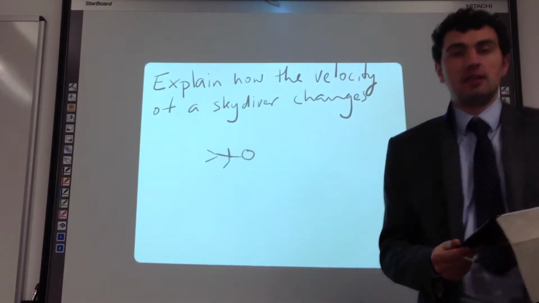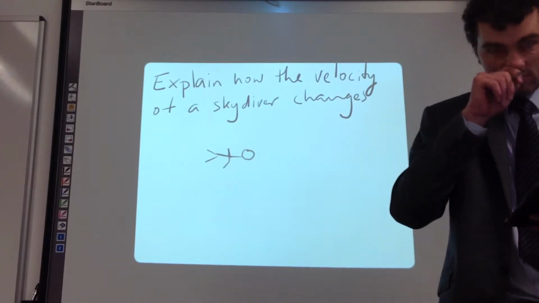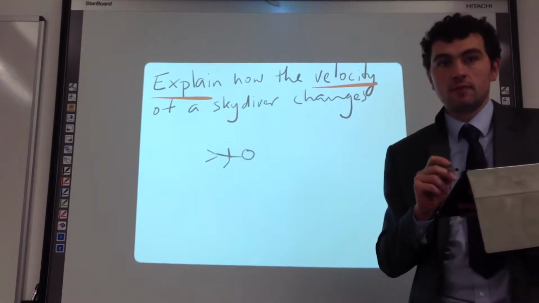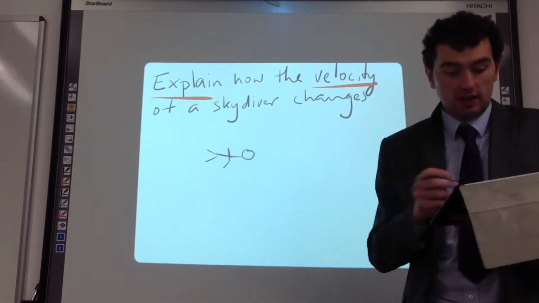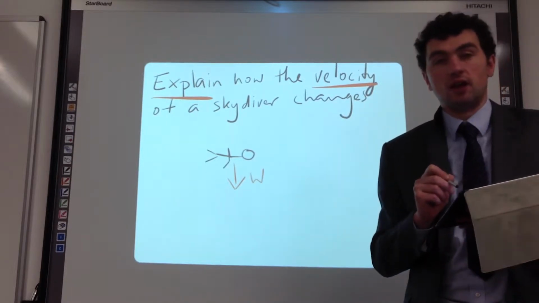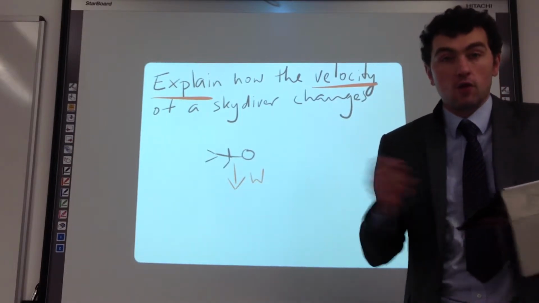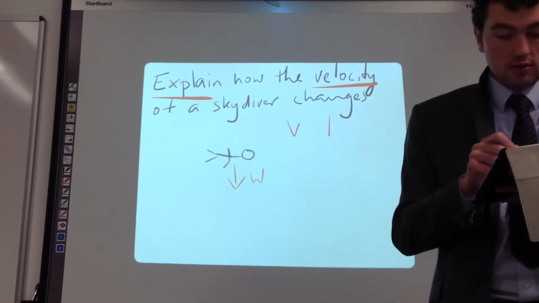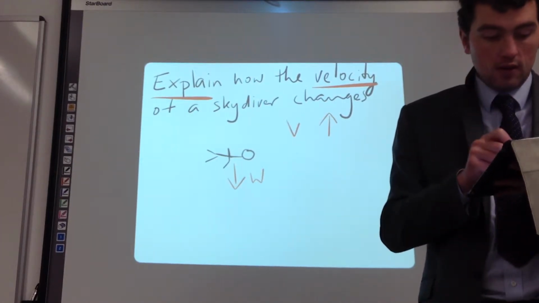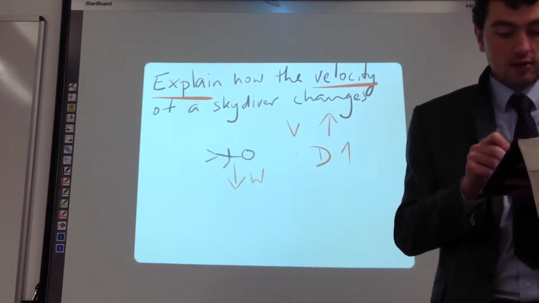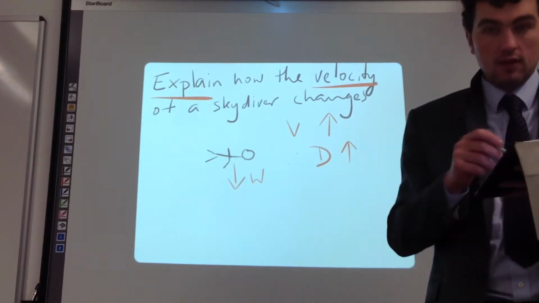Explain how the velocity of a skydiver changes. So originally, his weight is going to be constant. Therefore, he speeds up, so velocity increases. Therefore, his drag increases.